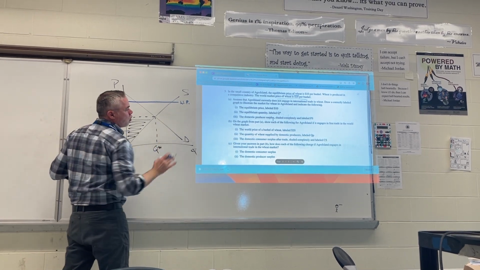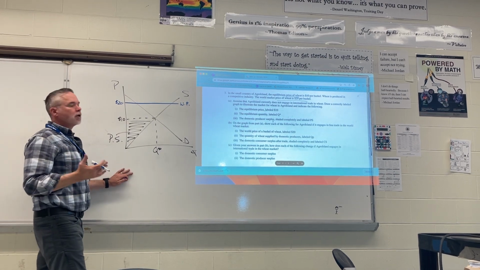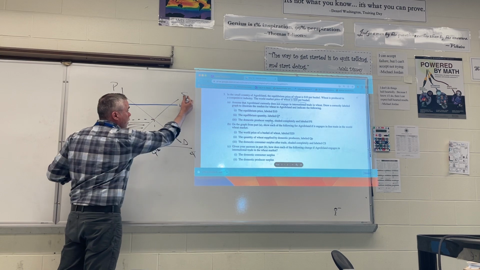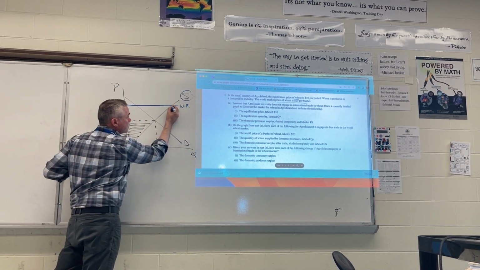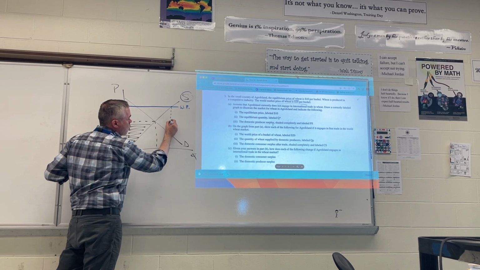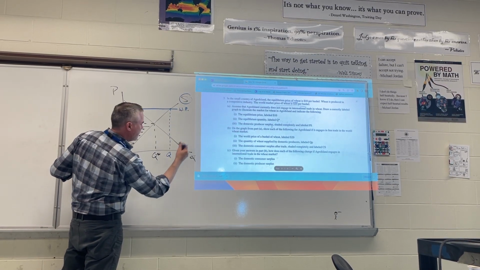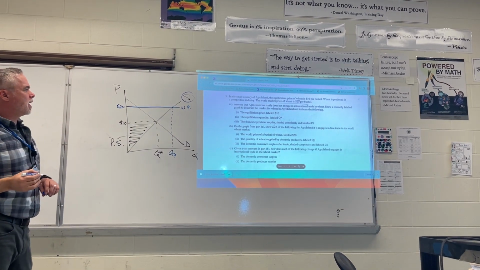They want to label the quantity of wheat supplied by domestic producers. All right, so to get the quantity of wheat supplied, we're going to be working off the supply curve. Right, so at that price, it hits the supply curve here, bring that quantity down, label that QP. All right, so that's part 1 and 2.